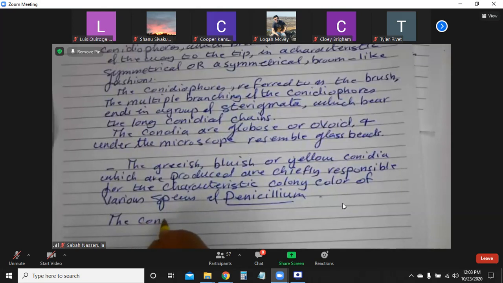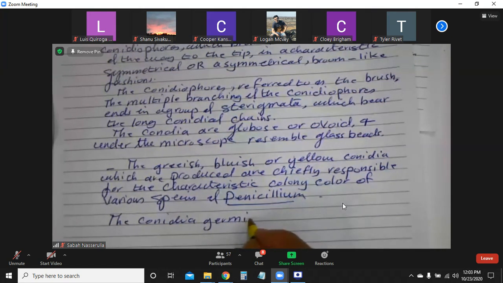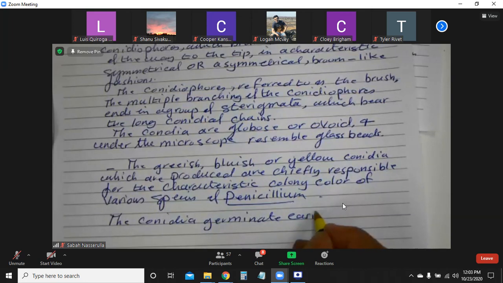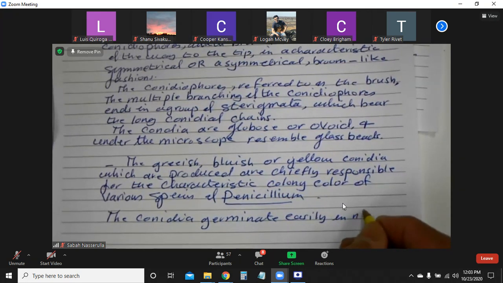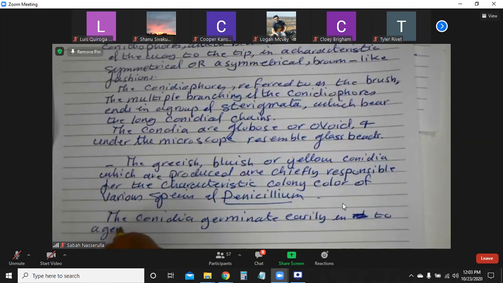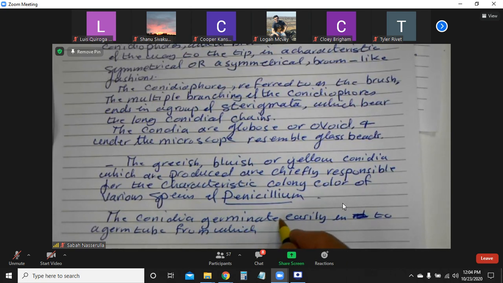The conidia germinate easily, as I mentioned, into a germ tube, from which mycelia develop.